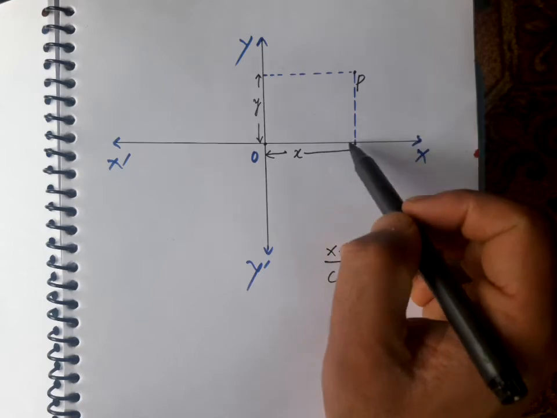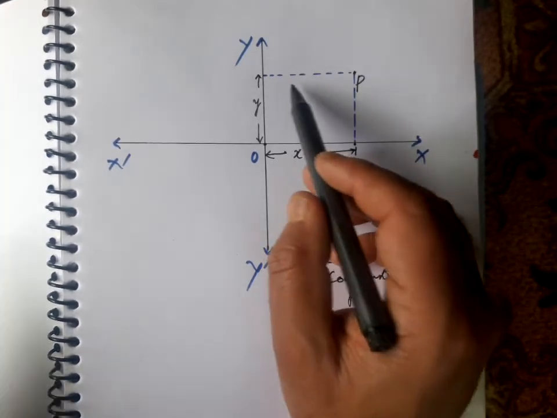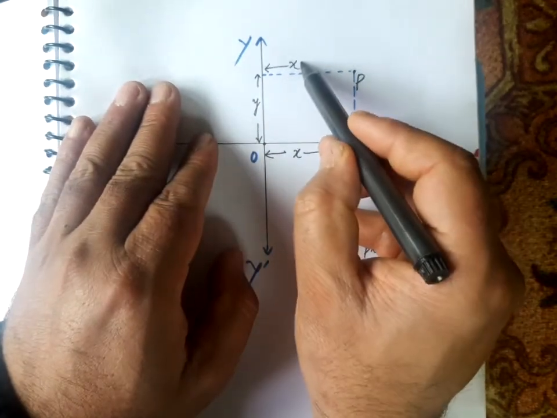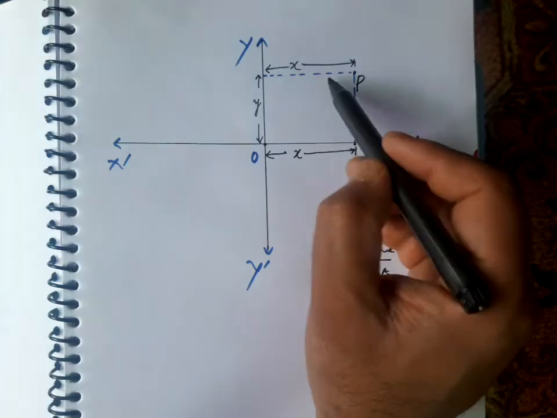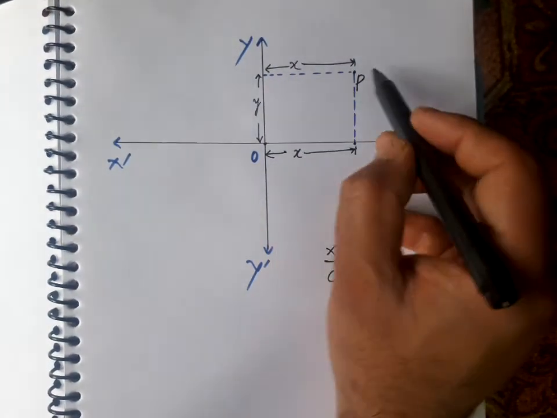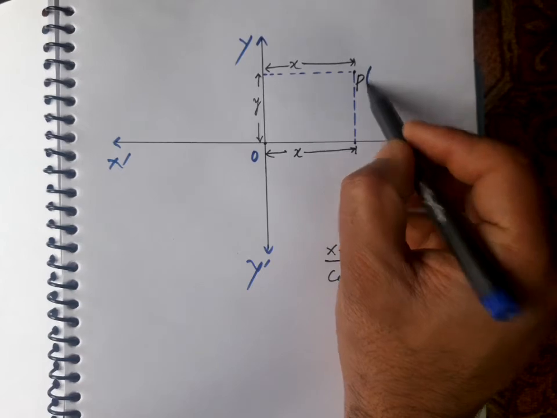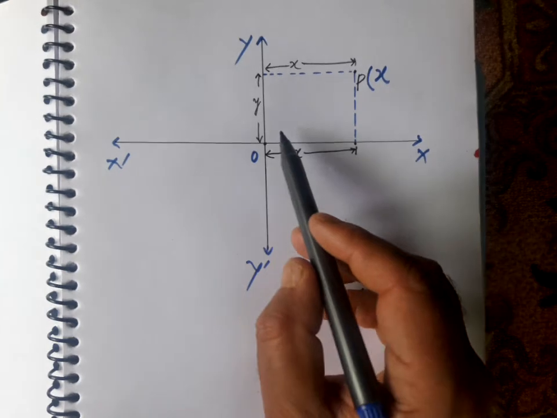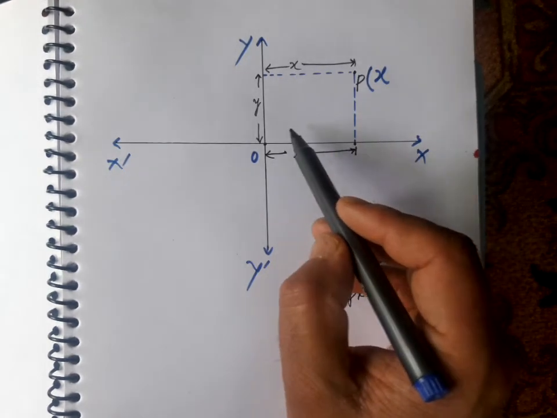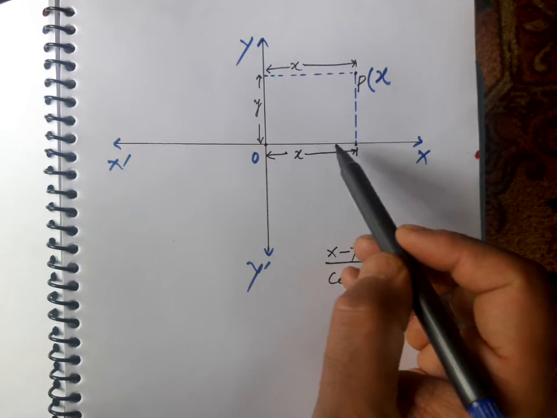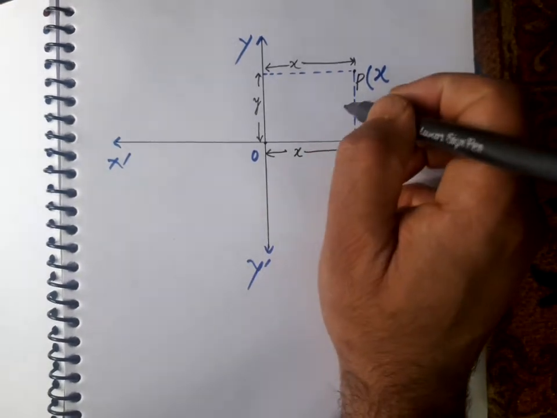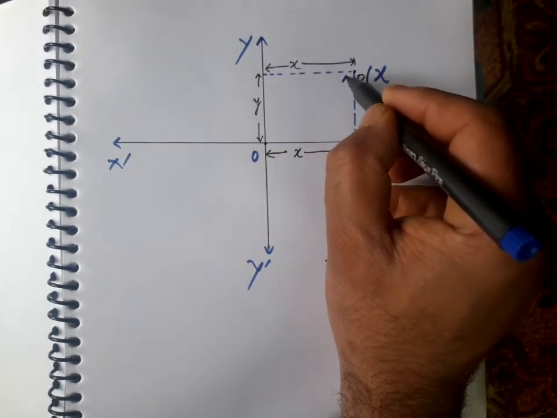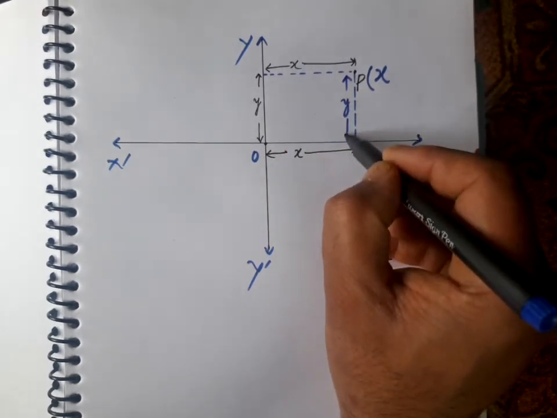So the distance of point P from the y-axis is x, which we call the x coordinate. The distance of the point P from the x-axis will be measured in the y direction, in the vertical direction, so it is y.